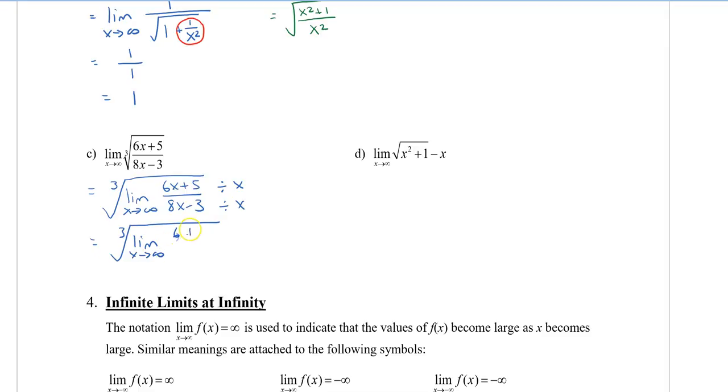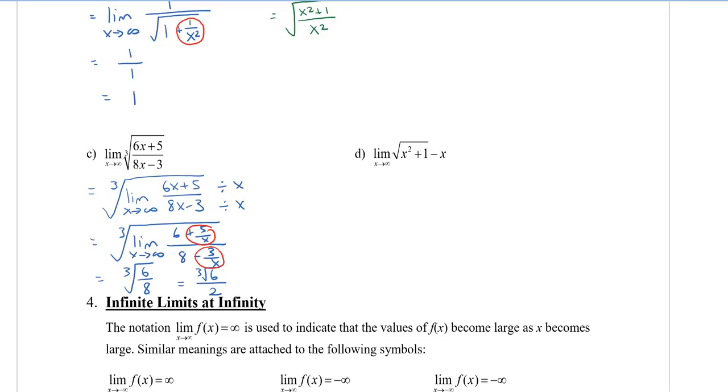So we get 6 plus 5 over x, all divided by 8 minus 3 over x. So again, these terms with the x in the denominator become 0. So now I have the cube root of 6 over 8. Can't cube root 6, but I can cube root 8. So I get the cube root of 6 divided by 2.